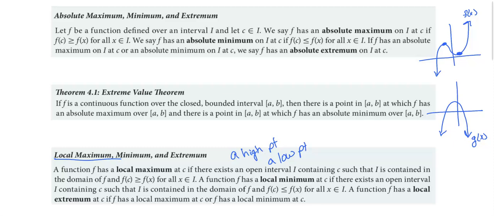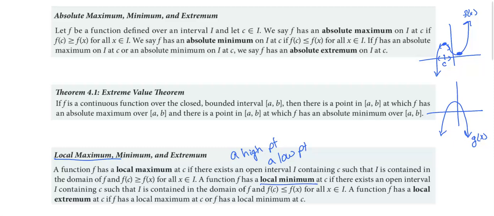So what that's saying here is if we have a maximum at this point c, we could think about some kind of small interval around that x value so that this y value is the biggest y value within that interval. So we're not looking at the entire picture, we're just looking at a small portion of the picture. Same thing is going to be true when we talk about the local minimum.